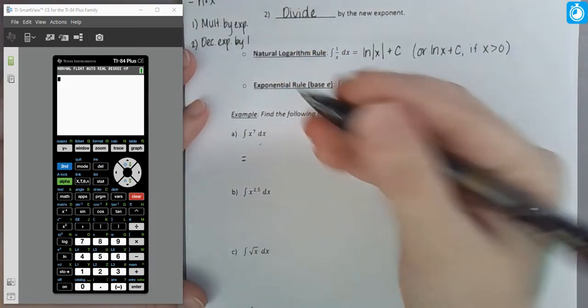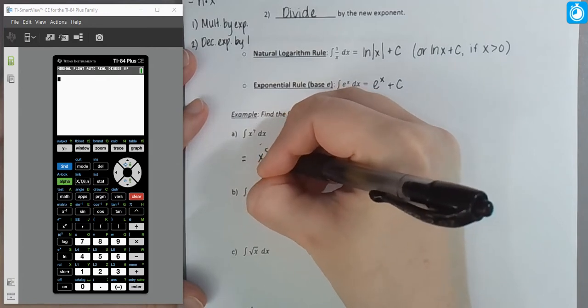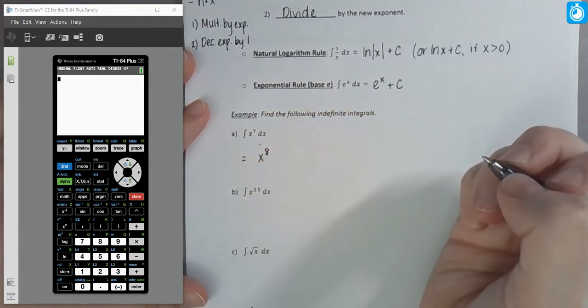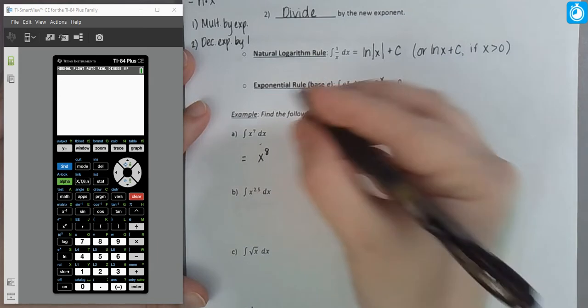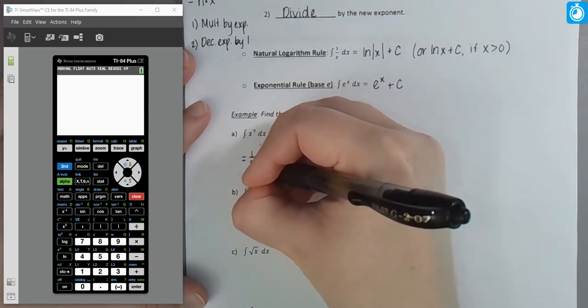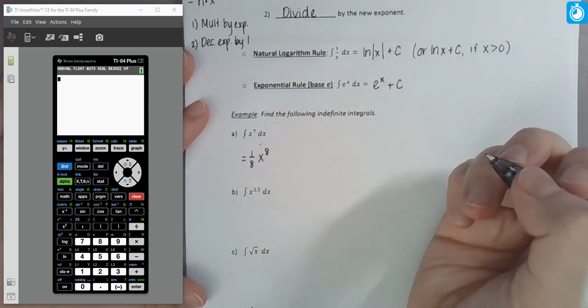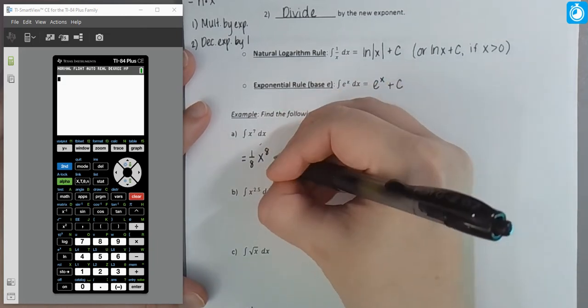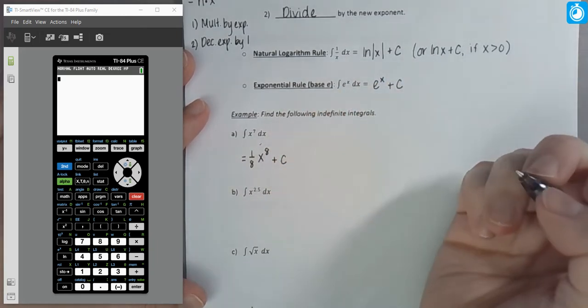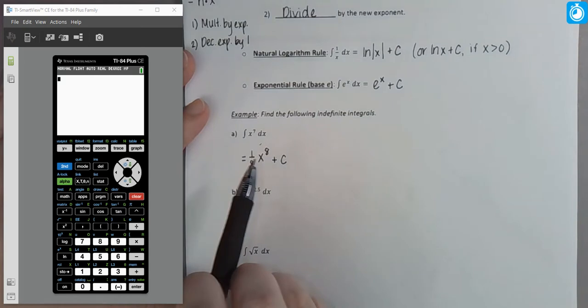So we're going to increase our exponent by 1, which takes us from a power of 7 to a power of 8, and then we're going to divide by that new exponent of 8, or alternatively multiply by 1 over 8, plus c.